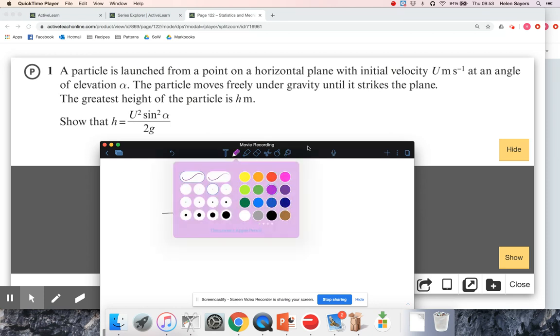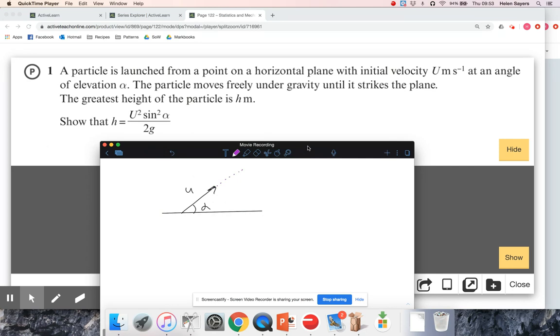So if we think about what's going to happen if you're just projecting something up, assuming it doesn't hit anything on the way, it's going to follow that kind of shape. So we are after the greatest height. Well, how are we going to identify that? If we think about its vertical motion, it's going up and up, but slowing down due to gravity, and then it reaches its maximum height and then starts coming back down.